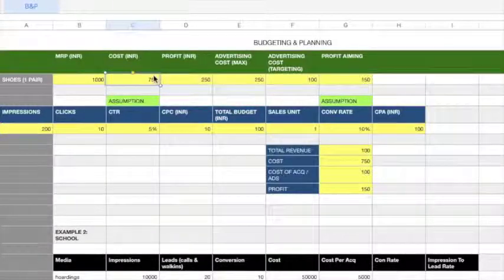So when we are selling something, we have to take into account not just the MRP but also the complete cost of production. We know that the cost of production in this case is 750 rupees, and hence our profit is about 250 rupees, right?